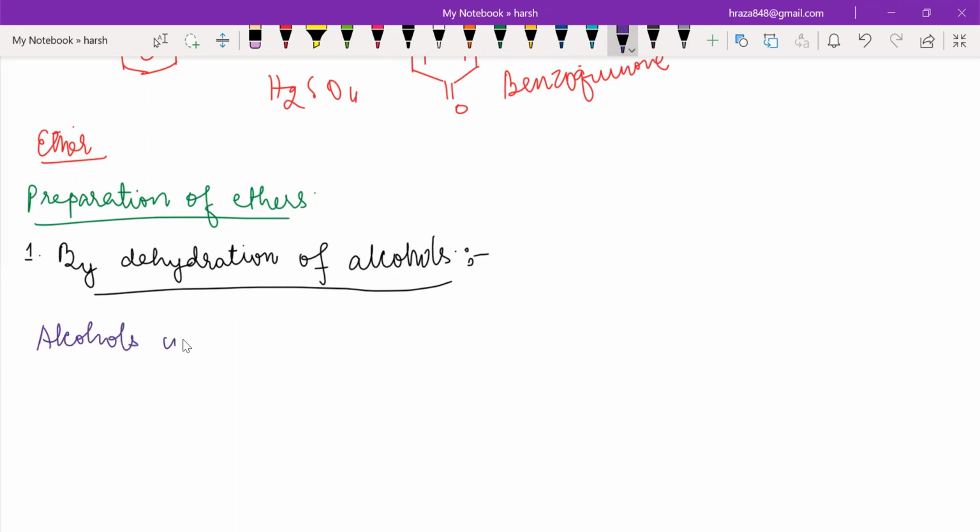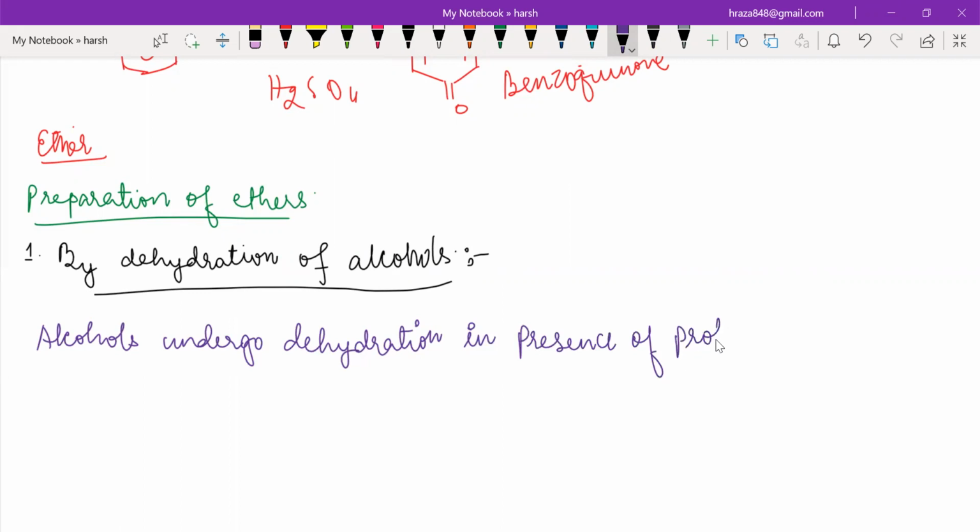Alcohols undergo dehydration in the presence of protic acids like H2SO4 and H3PO4.